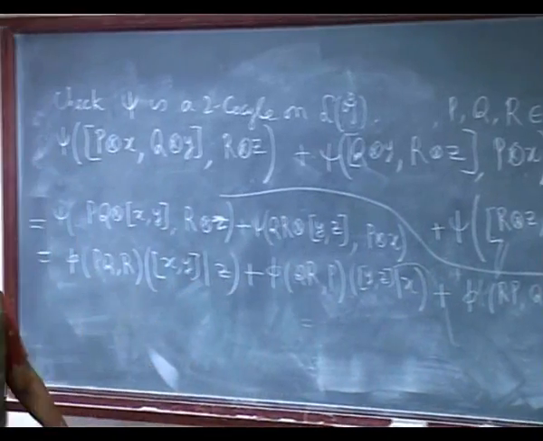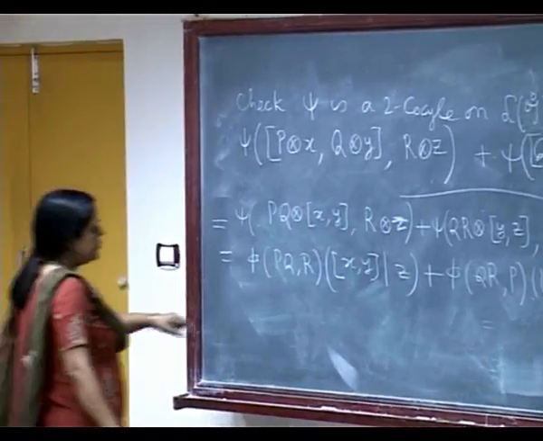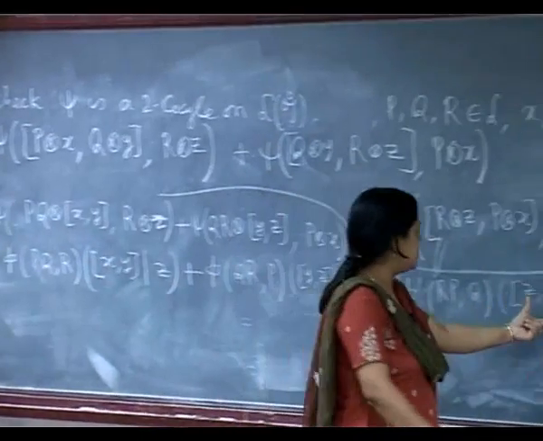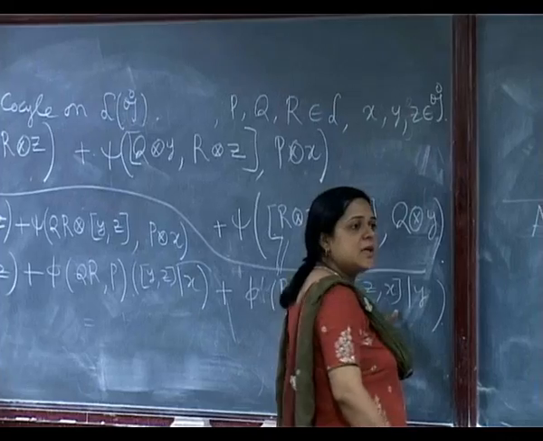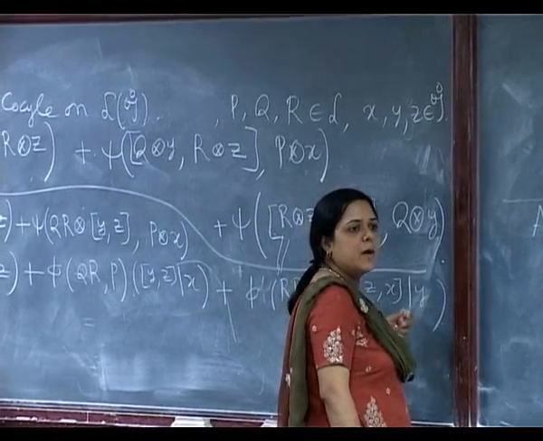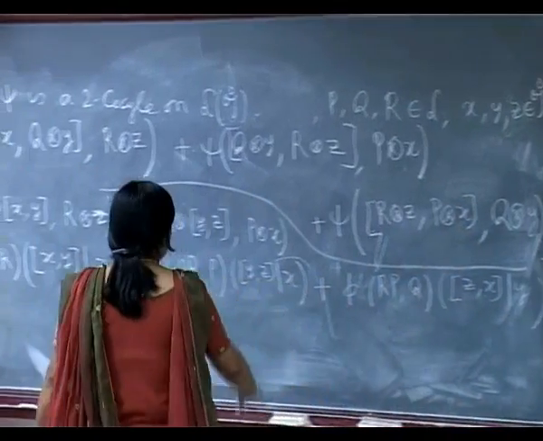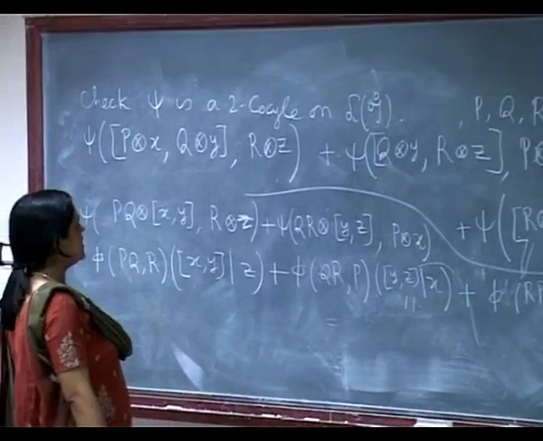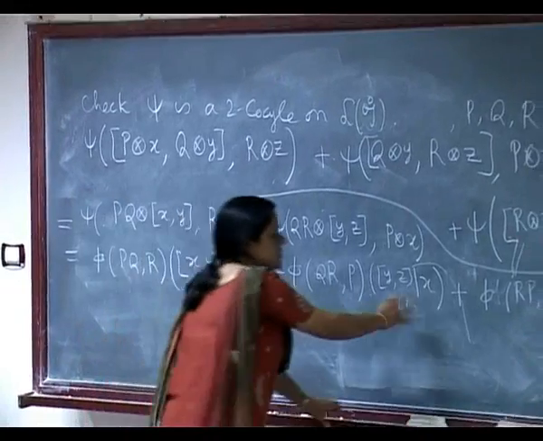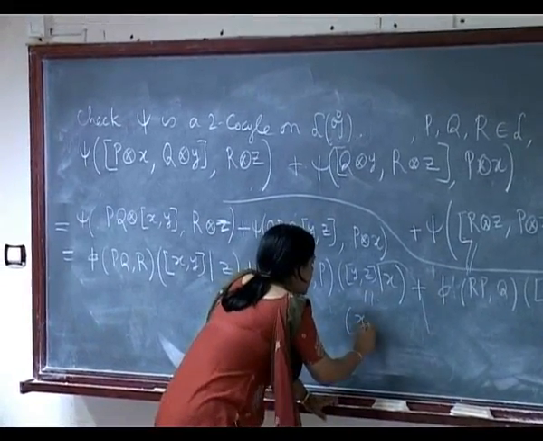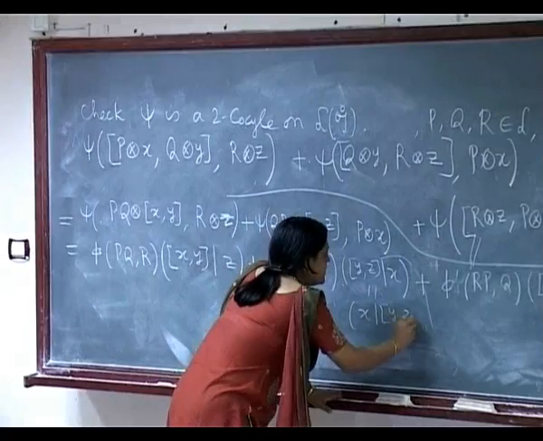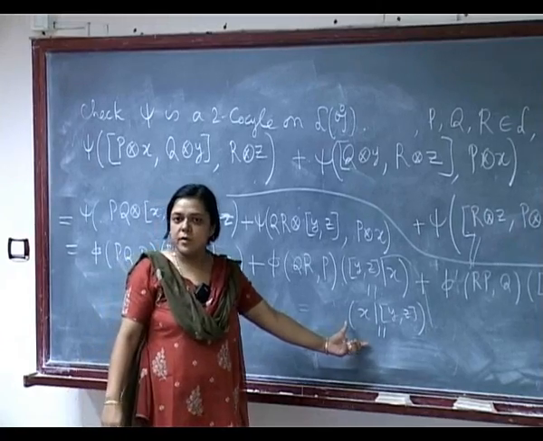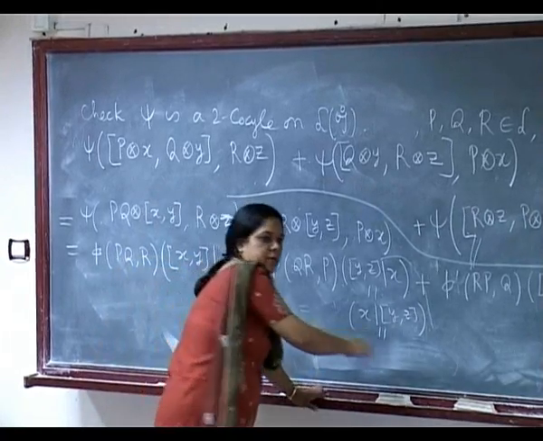So, now we want to take this term out somehow. We have to use the symmetric and invariance properties of the bilinear form. We want x bracket y, so use the symmetric property here, and again use the invariance property.